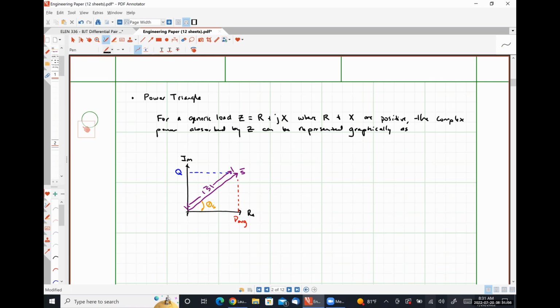So our complex power S, which is by definition the product of our RMS phasor voltage times the complex conjugate of our RMS phasor current, can be expressed as P average plus JQ, or so effectively average power plus J reactive power.